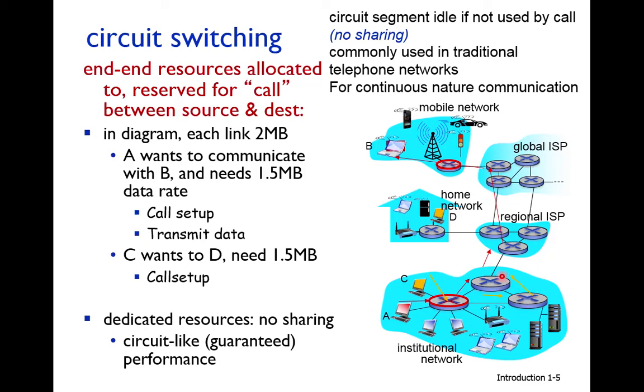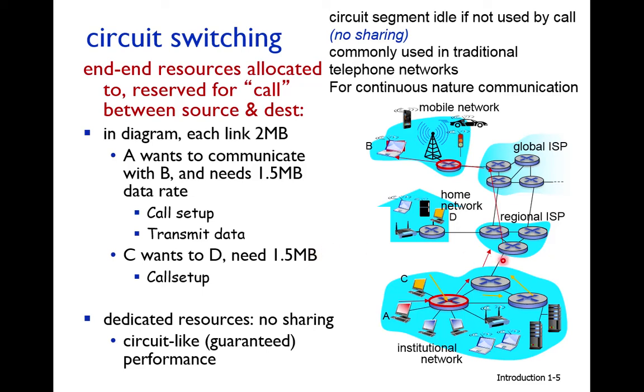Now because the destination is D, it passes through this link. You can see this link is how much? It is 2 MB. Every link is 2 MB. On this link 1.5 MB is reserved for A to B communication, so 0.5 MB is remaining, and for C to D it requires 1.5 MB.